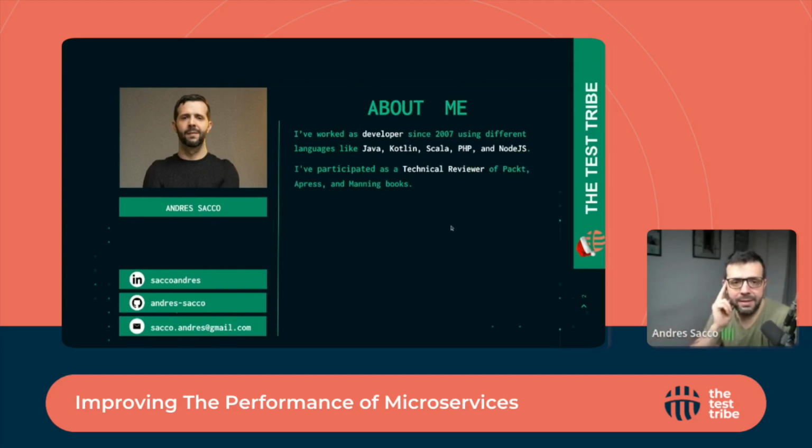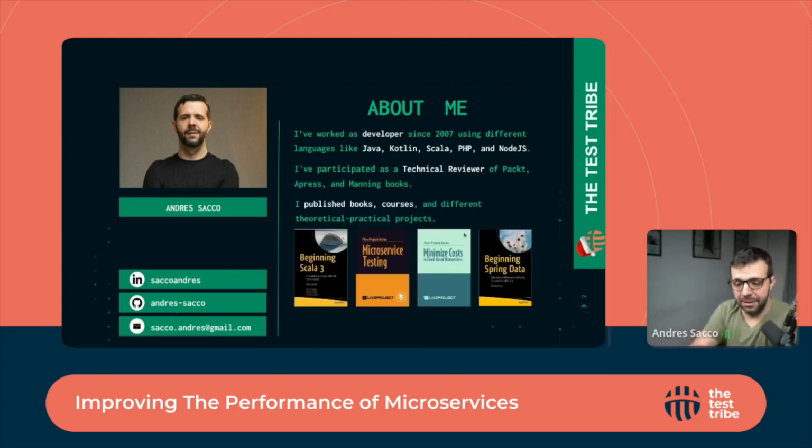I participate as technical reviewer on different editorials like Apress, O'Reilly, Packt, and many. Also, I publish some books, courses, live projects. Some of them appear on the presentation. My last book does not appear on the presentation, so I need to update this.